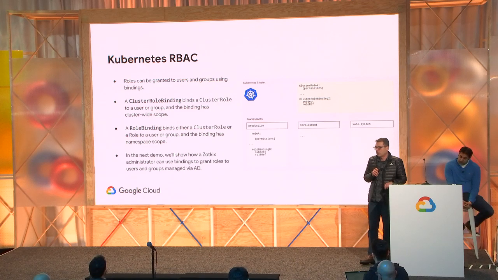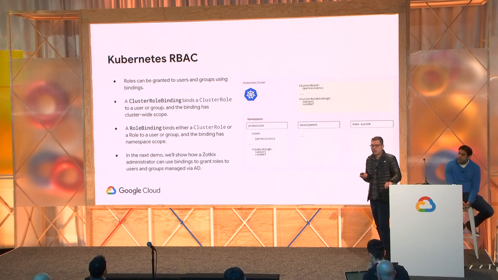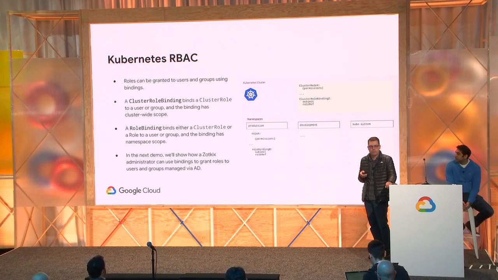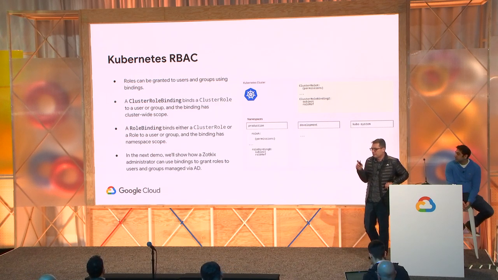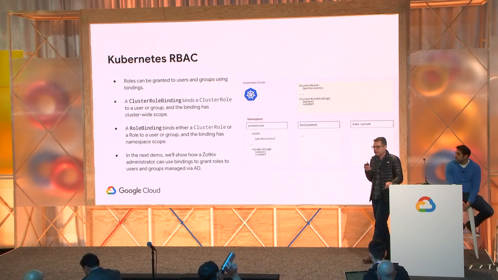So a cluster role binding binds a cluster role to a user or a group, and the binding has a cluster-wide scope. A role binding, on the other hand, can bind either a cluster role or a role to a user or a group, but the binding has namespace scope. In the next demo, we'll show how a Zoctix administrator can use bindings to grant roles to users and groups.